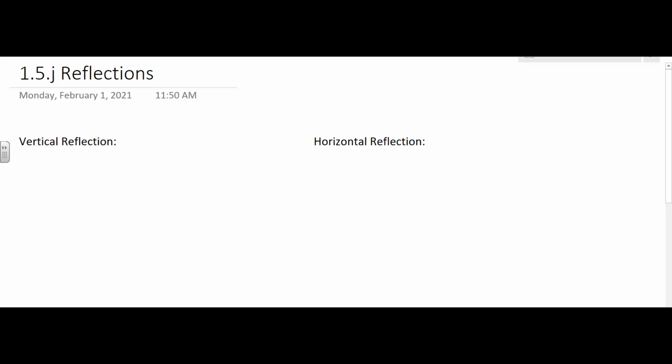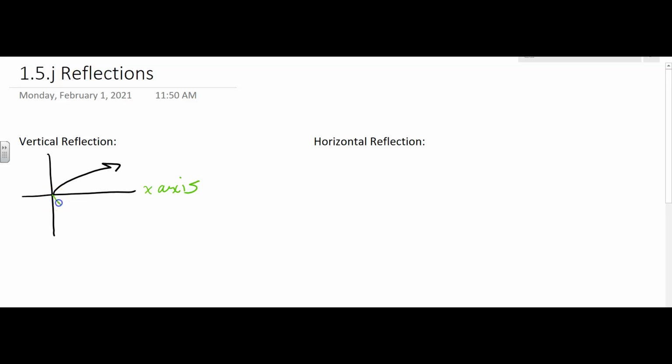So for our transformations, we have two types of reflections. One is called a vertical reflection. So let's say we have the square root function that we just had a minute ago. A vertical reflection is when it's going to reflect about the x-axis.